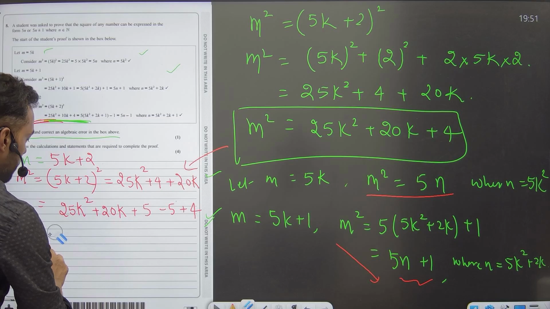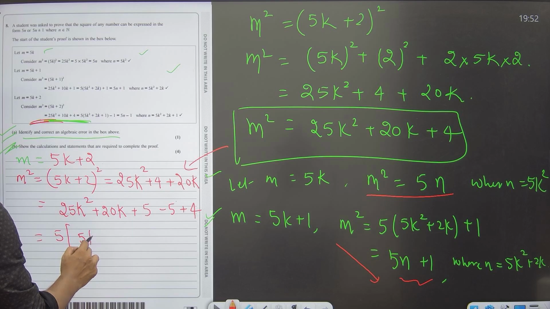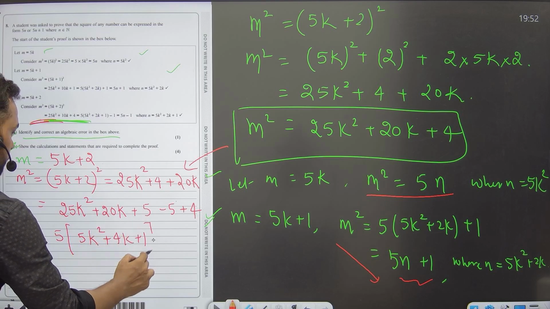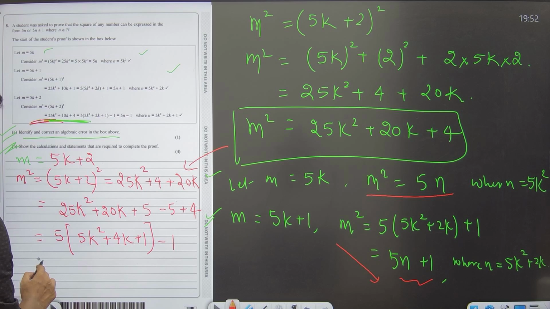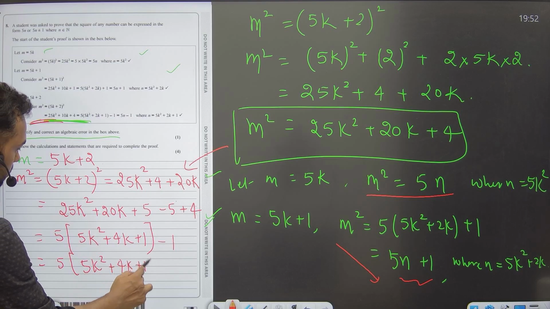Here I'll do it again. If I take 5 common here, the bracket will be 5k square plus 4k plus 1 negative 1. So here we can write 5 times (5k square plus 4k). We have got this value, 5k square plus 4k plus 1 negative 1.